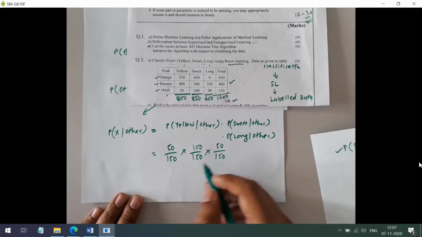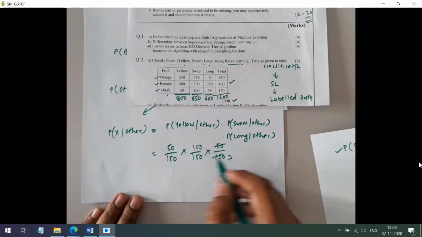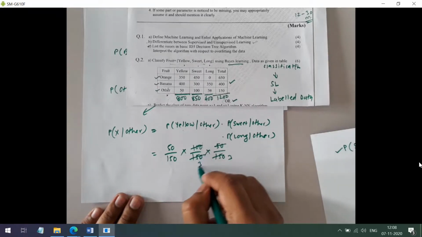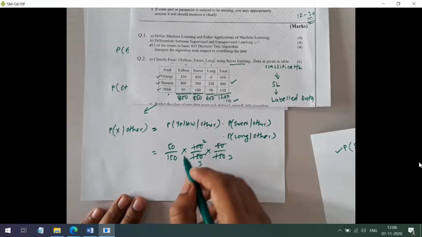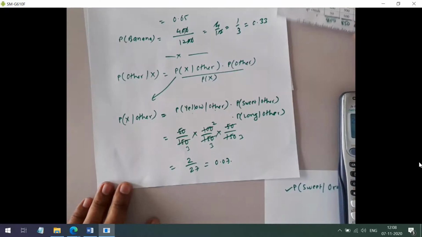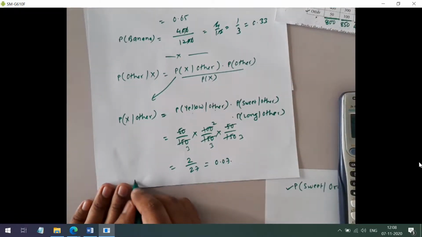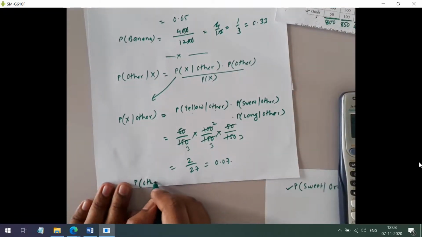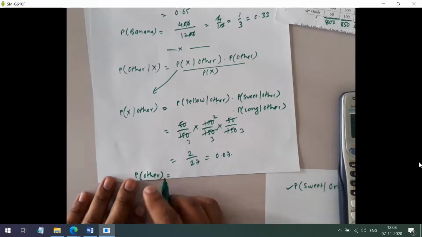Okay, so now let's cancel these terms. So it is 2 by 27, which is 0.07, and we have to find the probability of other.